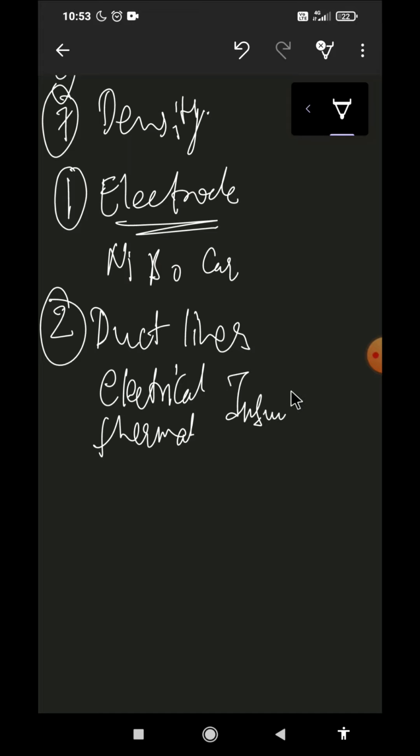So it should be an electrical and thermal insulator. The insulating materials used for duct walls are magnesium oxide and strontium zirconate, etc.